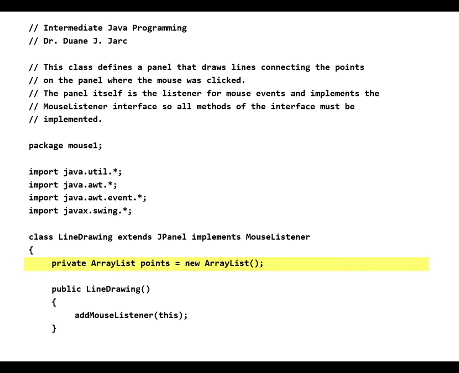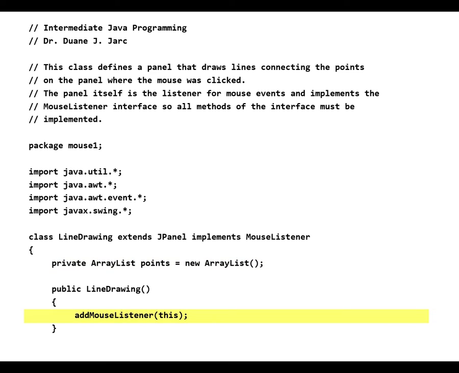The class Point has 2 public instance variables, x and y, that define the coordinates of a point. This class is really an example of what in other languages would have been a record or structure. For that reason, it does not adhere to the standard practice of making the instance variables private. This ArrayList will keep track of the coordinates of the points as they are clicked.